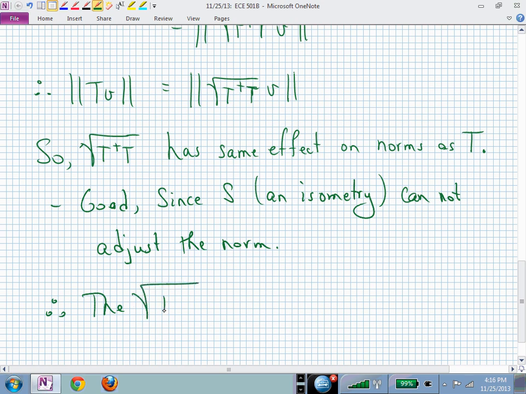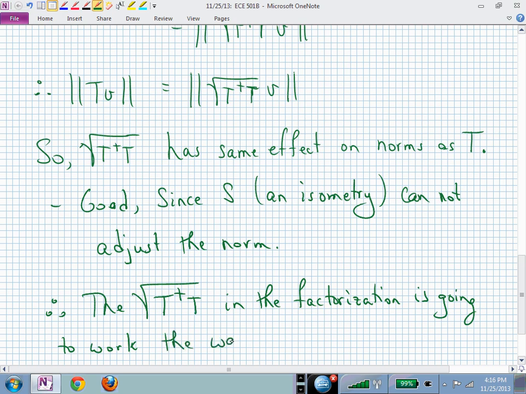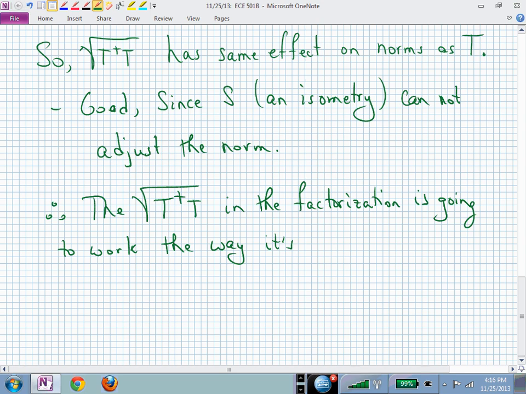Therefore, this square root of T adjoint T in this polar factorization or polar decomposition is going to work the way it's supposed to.